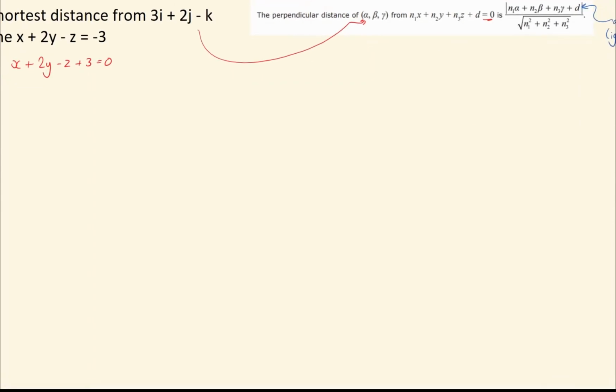So the way it starts, you basically times together these numbers and add them all together, and then just throw your d at the end.